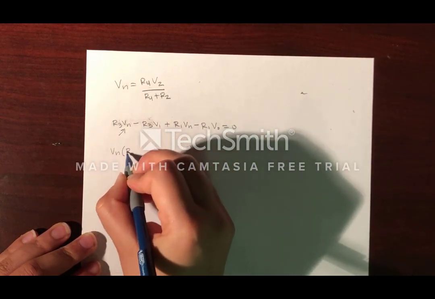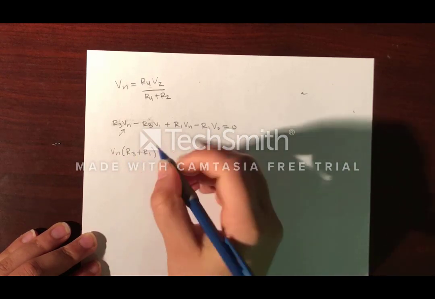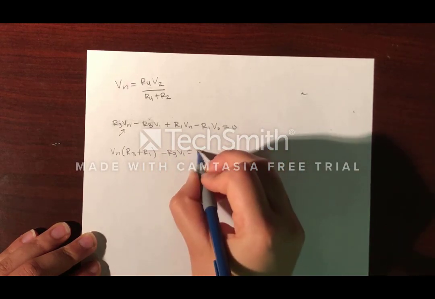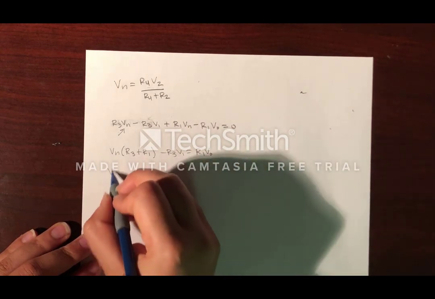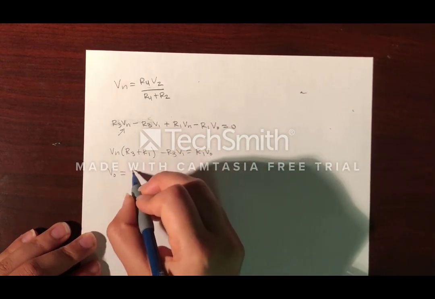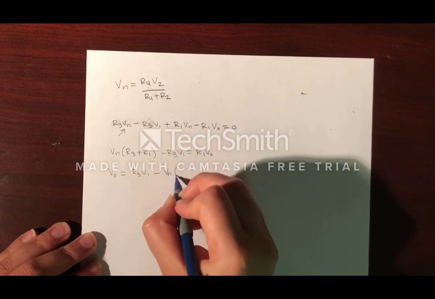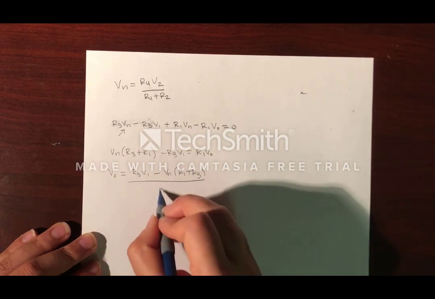We will pull it out and have that multiplied by (R3 plus R1), minus R3 times V1, equal to R1 times V out. We will divide this whole term to get V out by itself, which will leave us with (R3 times V1 minus Vn times (R1 plus R3)) all over R1.